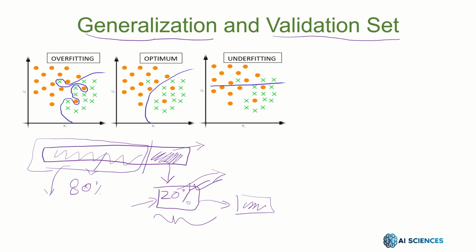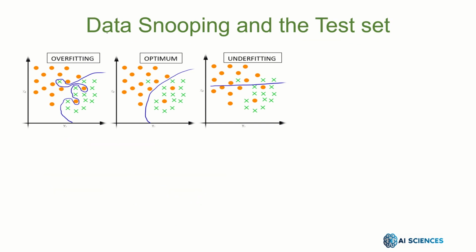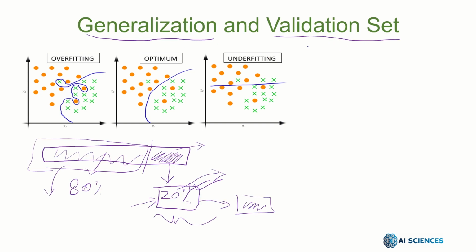One more related thing you should notice is data snooping and the test set. Remember, in the previous case, the validation set actually plays a part in the training process. Once you train a model, you evaluate it on the validation set.